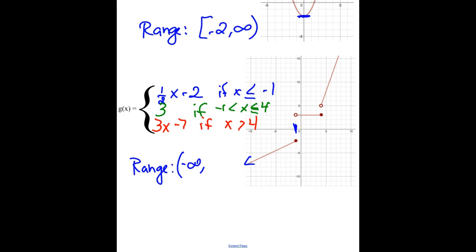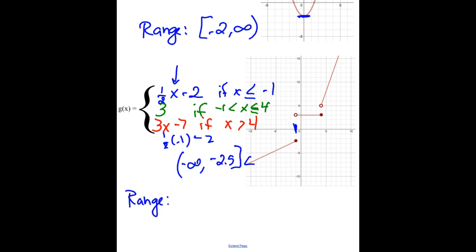For the far left graph, which is this one here, plug a -1 in. We've got 1/2 times -1 minus 2. What do we get? -1/2 minus another 2. We're at -2.5. Okay. Do I include that? Yes.